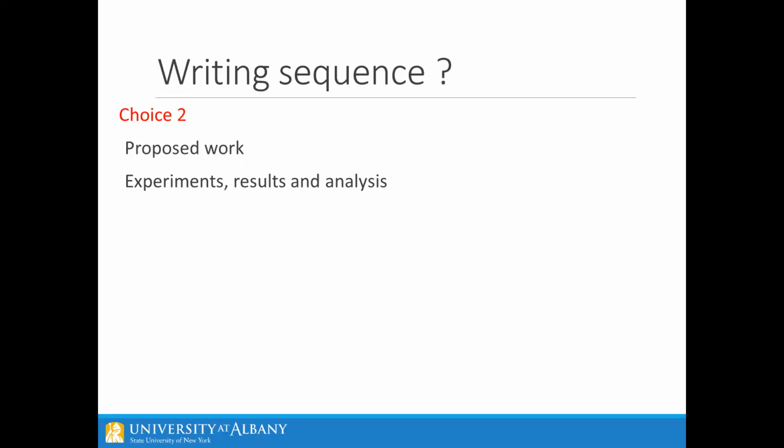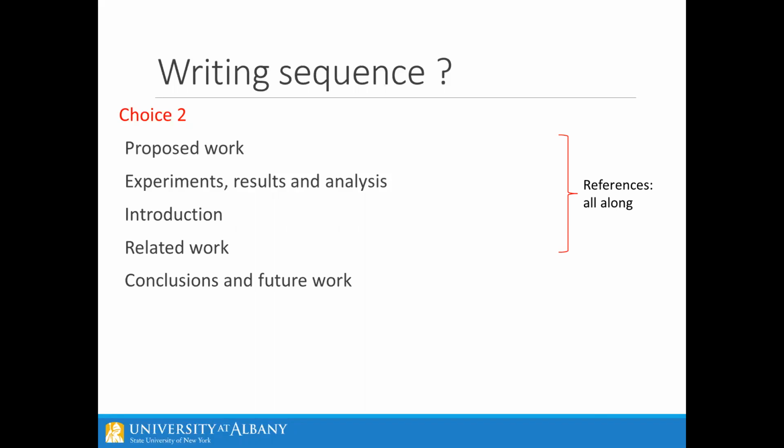you have the overall picture of your work, okay, then you can write the introduction, motivation, etc., and related work, and then afterwards you could write conclusion, future work, etc. But in these four sections, proposed work, experiments, results, analysis, introduction, and related work, references will go all along.